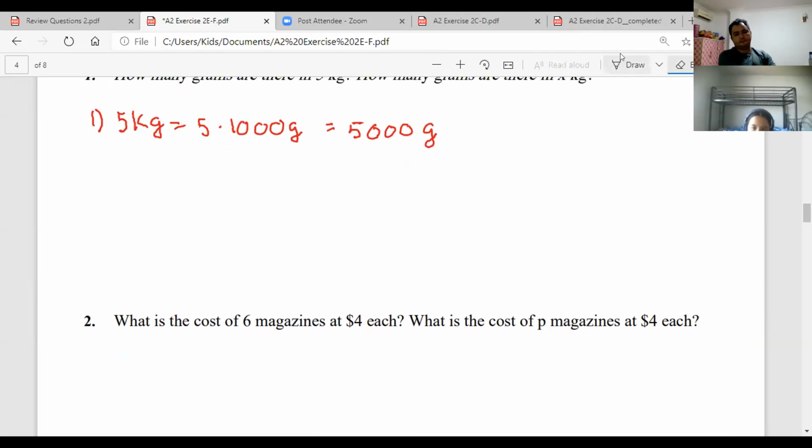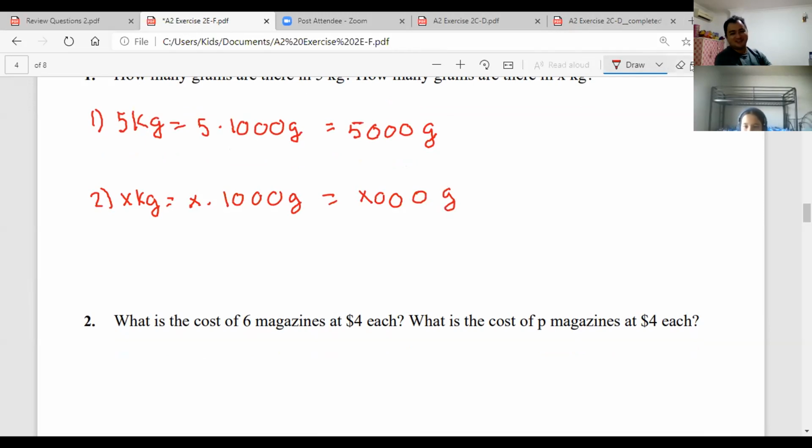Step 2 is x kg equals x times 1,000 g equals x00? What does it mean, Shahina? This is wrong. I have no clue.